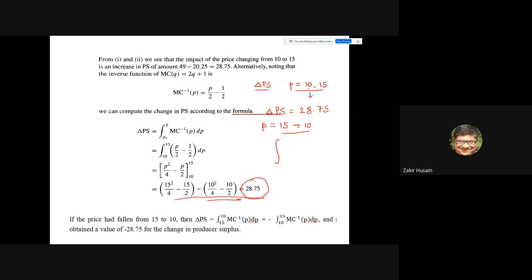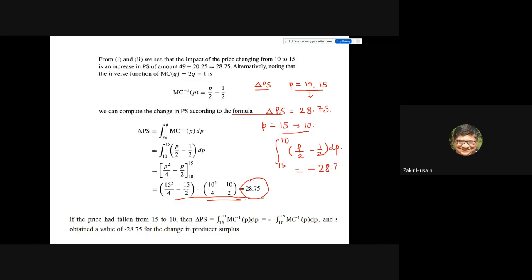So instead of 10 to 15, the limits get reversed, so then it will come out negative.